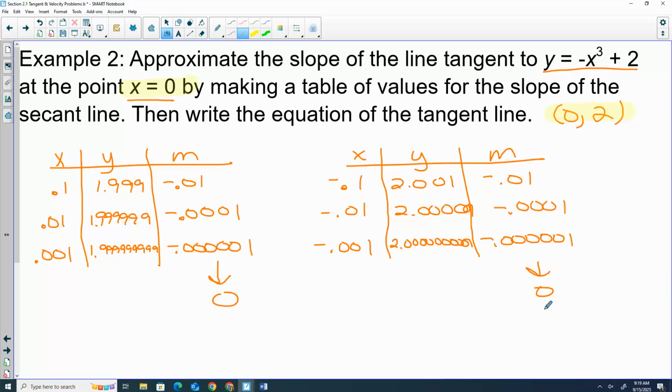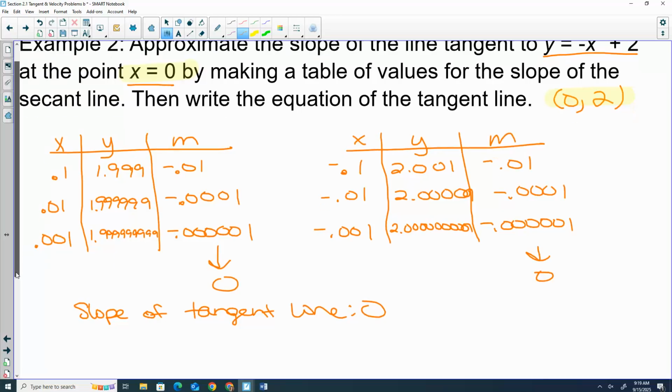So if they're both going to the same thing, then that means my slope of the tangent line is 0. So now can we get the actual equation of the tangent line?